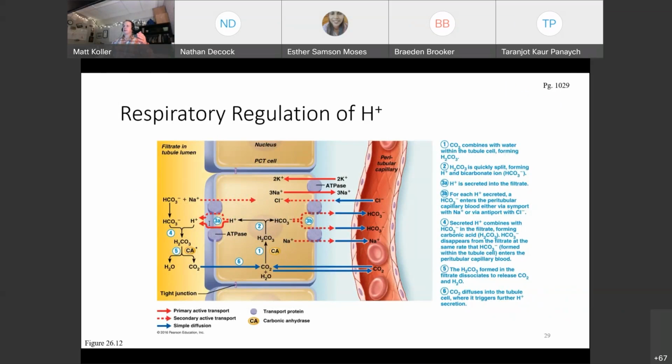The hydrogen ion is secreted into the urine, and the bicarbonate ion enters into the blood, basically with sodium, and it moves opposite of chloride. And then the hydrogen ion combines with the bicarbonate and forms water and carbon dioxide, and basically is released.